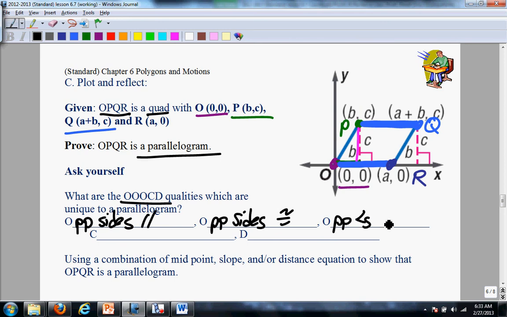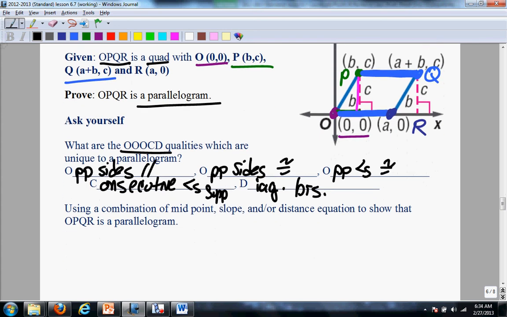Opposite angles are congruent. Consecutive angles are supplementary. And the diagonals bisect each other. If any one of these five can be demonstrated to be true in this situation, then it is a parallelogram.